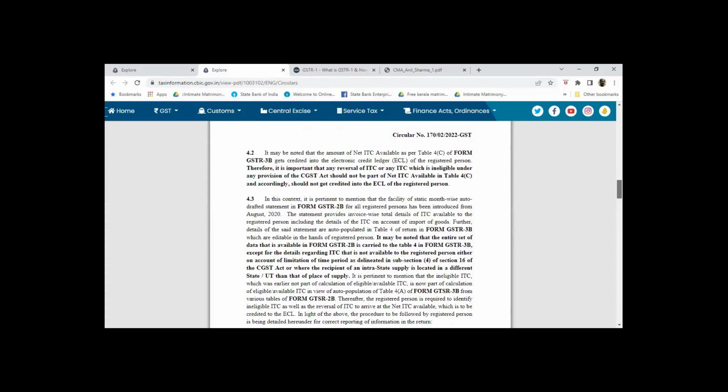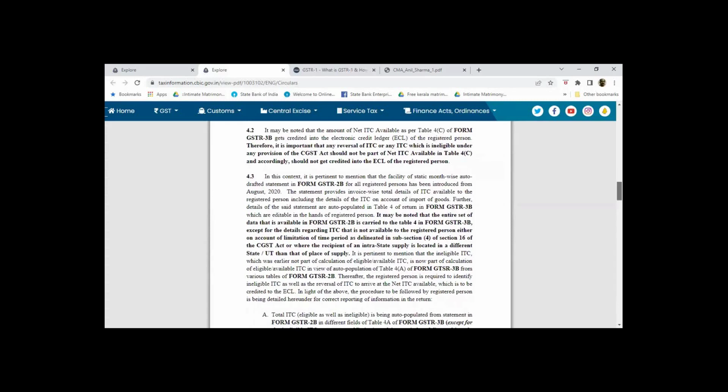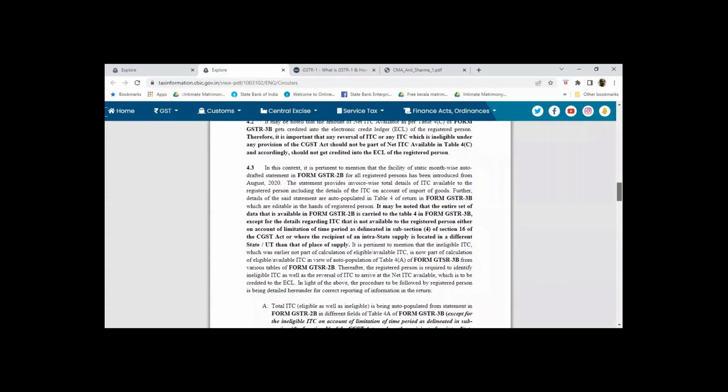It is important that any reversal of ITC or any ITC which is ineligible under the provisions of CGST Act should not form part of the net ITC available in Table 4C. So it should not get credited to the electronic credit ledger of the registered person.